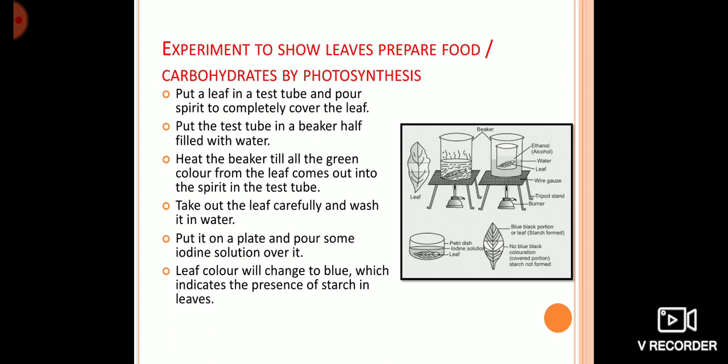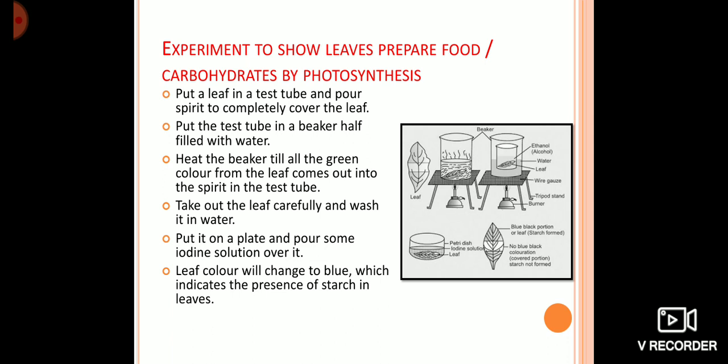After that, you will notice the part of the leaf which was covered by the black paper remains green in the iodine test, and the other part which was not covered by the black paper turns blue black.